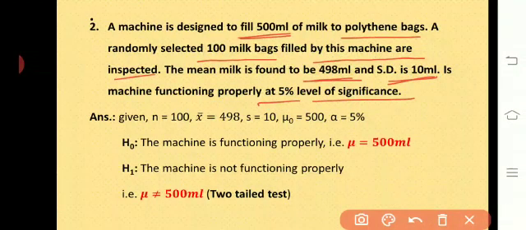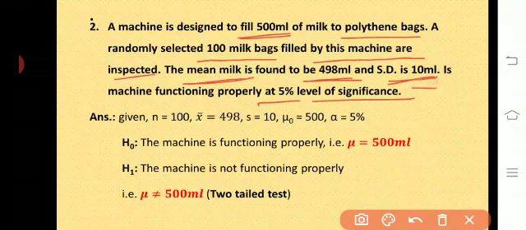So there is a machine which is designed to fill 500 ml of milk to the polythene bags, and 100 randomly selected milk bags are inspected, and it is found that the average milk is 498 ml and standard deviation is 10 ml, and we have to test at 5% level of significance whether the machine is functioning properly or not.